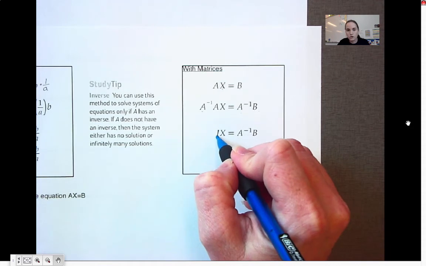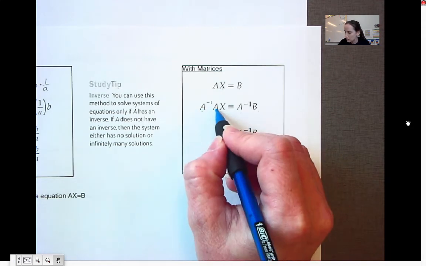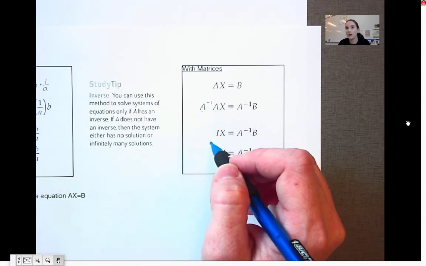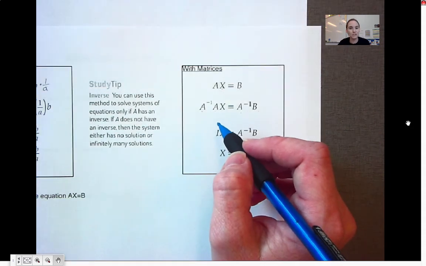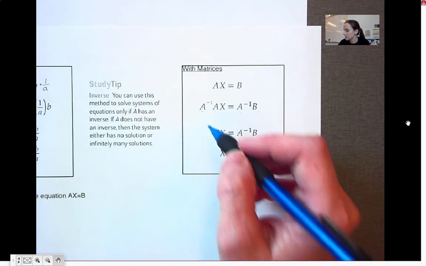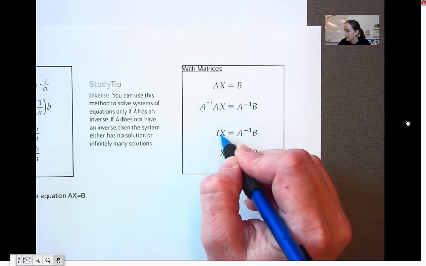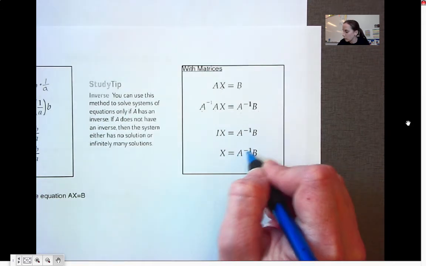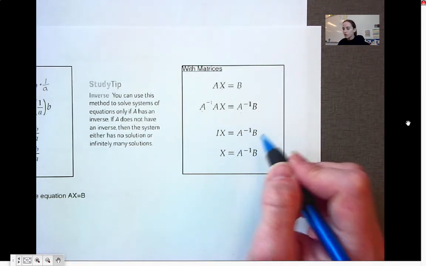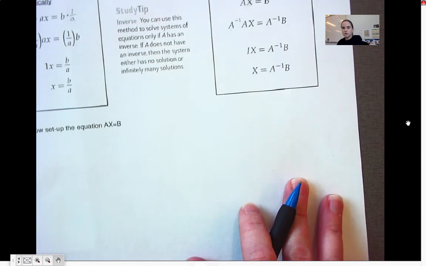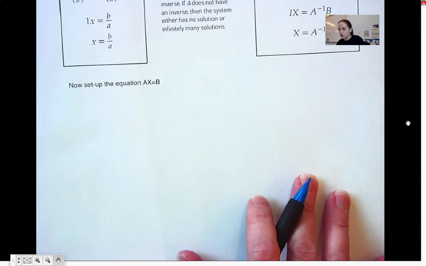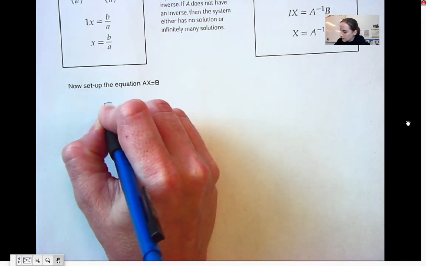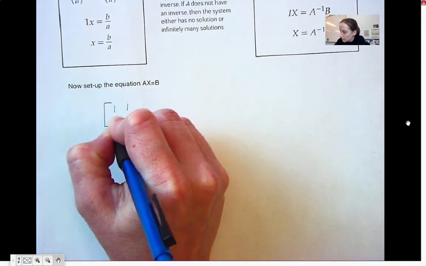Now, no matter what, you should get the identity because a matrix times its inverse is the identity. Just like a number times its inverse is 1. Same thing. So we have the identity times X, which is just the X matrix, equals whatever this information is. So let's look at how this looks using our information. I am looking back at the other page, and I see 1, 1, 2, 3.